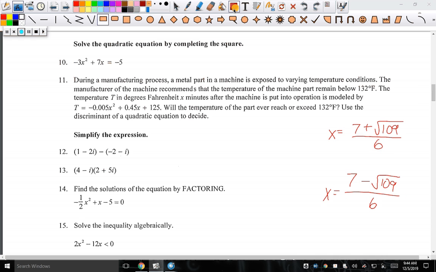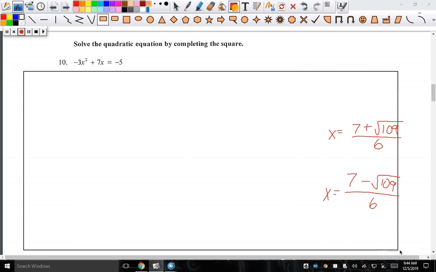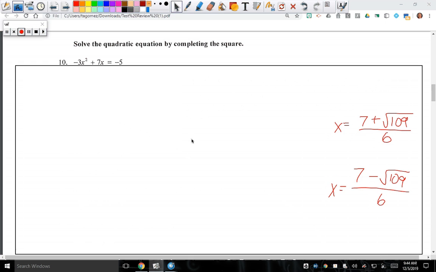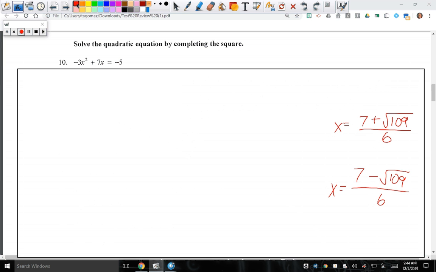Alright, so let's keep going as far as showing the work that we're about to do. Completing the square. Step 1, get all the numbers over here and all the variables on the left alone. Done. Step 2, make sure that the coefficient, which is a, is what? 1. So I need to change this right now by dividing out from both the first term and the second term.